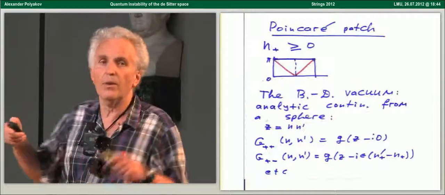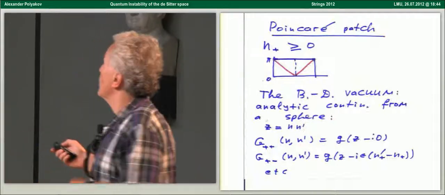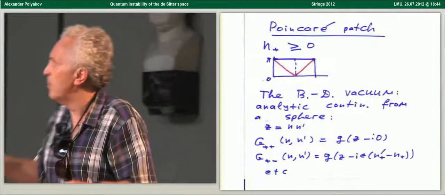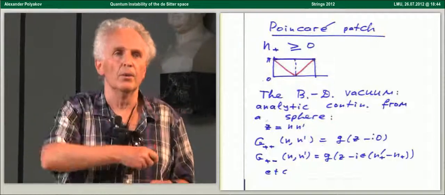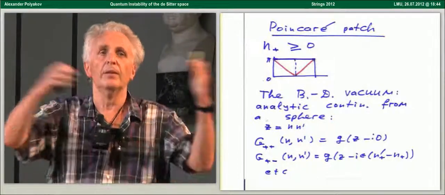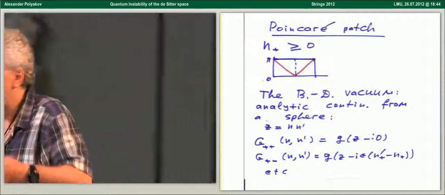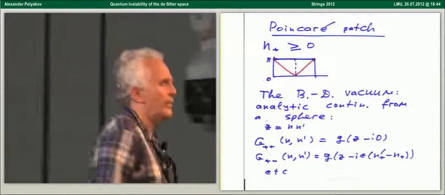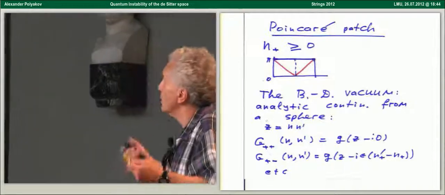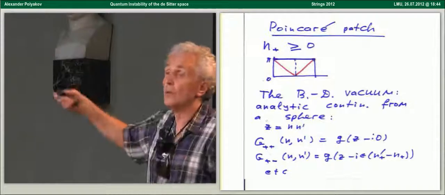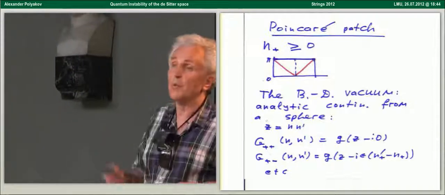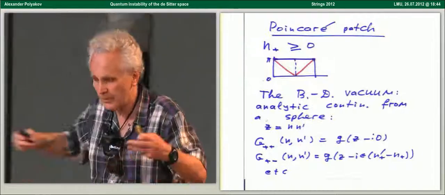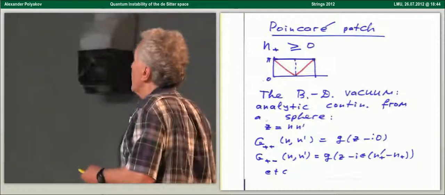The answer depends on the vacuum you are using. For the case of the Bunch-Davies vacuum, again, the Bunch-Davies vacuum is just the Green function which you inherit from the sphere. You have a unique Green function on a sphere, and you make analytic continuation, and you have the Green function called the Bunch-Davies Green function, which has nice properties, which is some Legendre polynomial depending on the scalar product for free fields and so on.